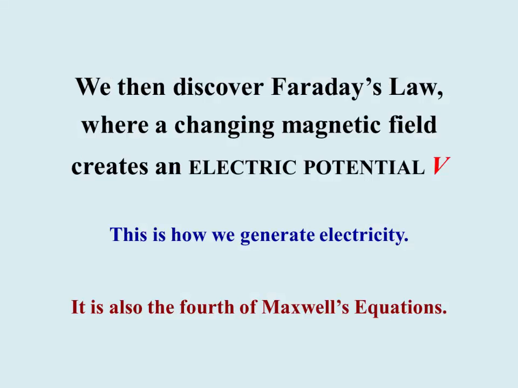After we've done all of that, we discover that if we create a magnetic field and that magnetic field changes, for example, we change one of the currents that produces the magnetic field, that process creates an electric potential. This is called Faraday's law, and it's the way in which we generate electricity. It's the fourth of Maxwell's equations and one of the more dramatic ones that one can see in real life.